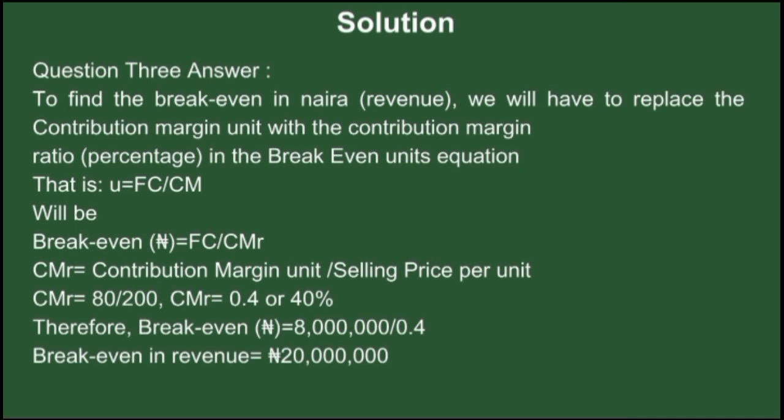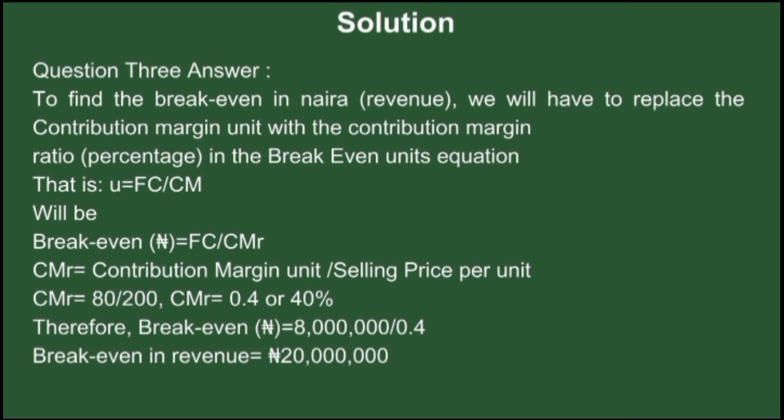Now, when you do this division, what you have is the percentage of contribution to sales. So CMR in this scenario will have contribution as 80 naira divided by 200 naira, which is sales.